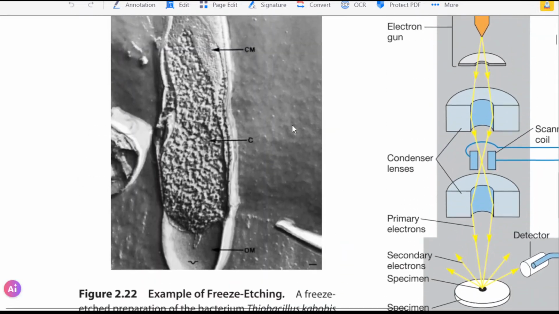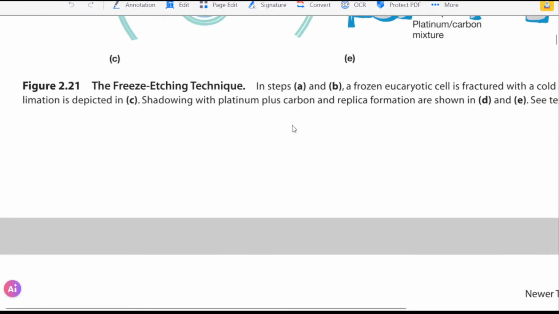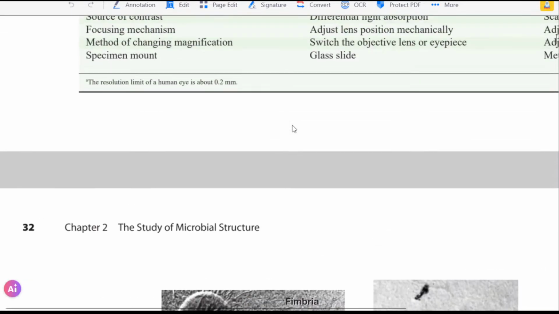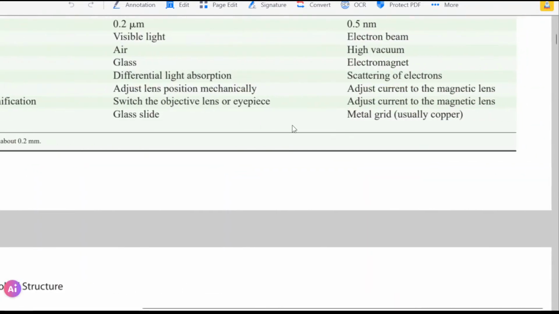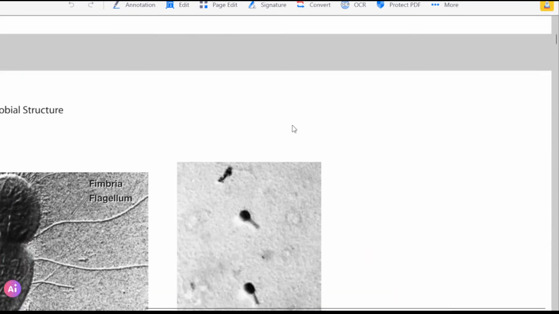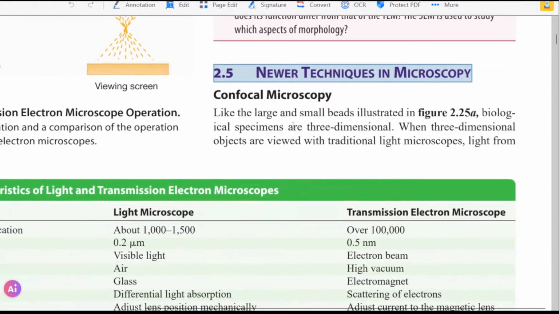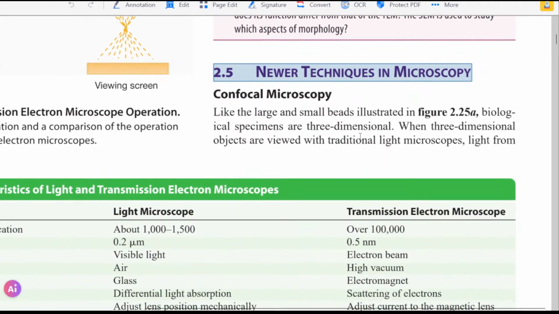So confocal microscopy, it actually starts from here. Biological specimens are three-dimensional. This is the basic concept in the confocal.